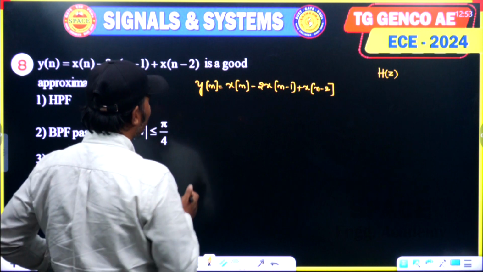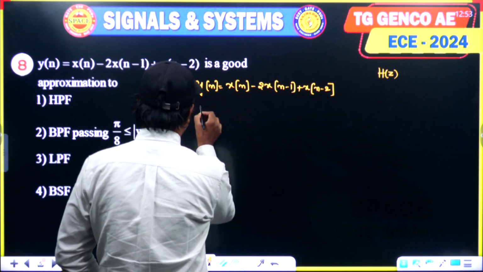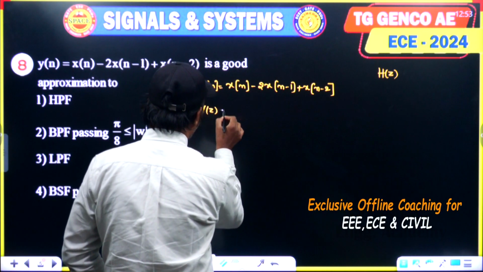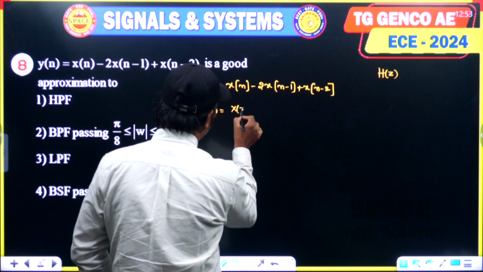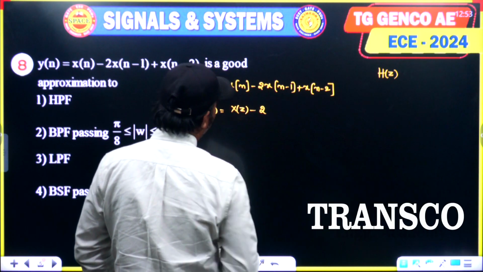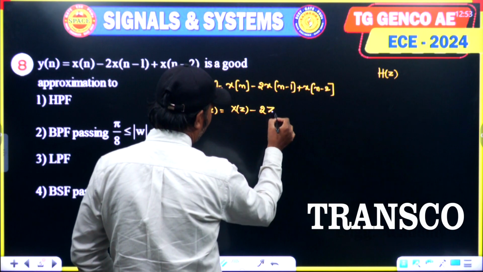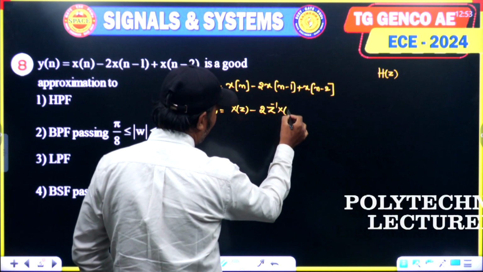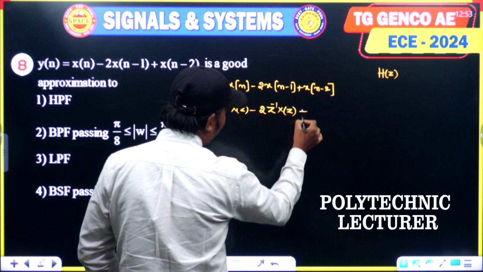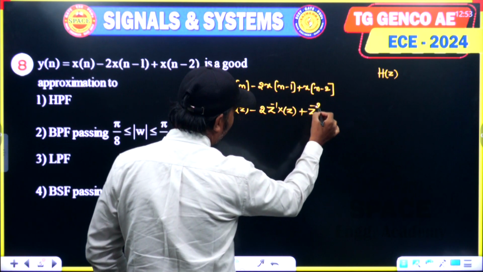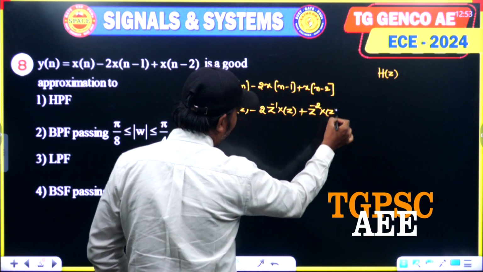Now, applying Z transform, what happens? Here Y of z is equal to Z transform of x of n, which is X of z, minus 2 times x of (n minus 1), use your shifting property, z power minus 1 into X of z, plus x of (n minus 2), z power minus 2 into X of z.